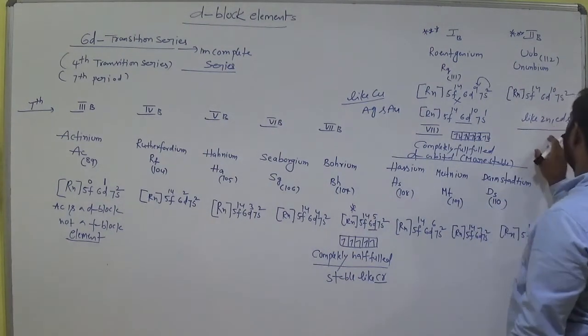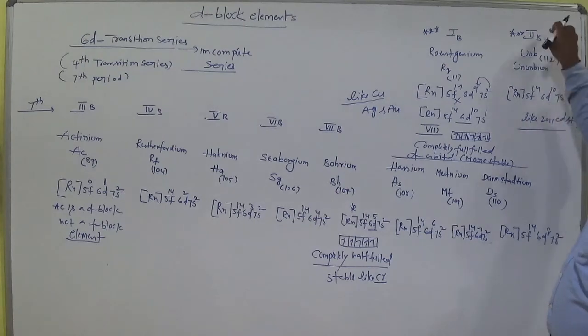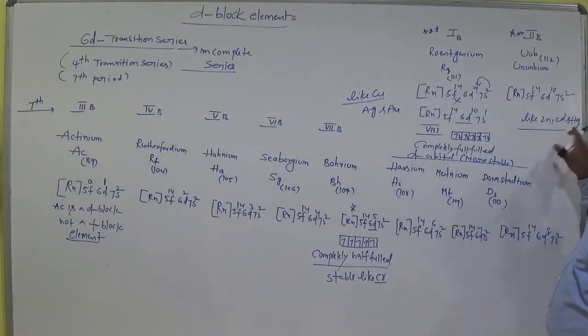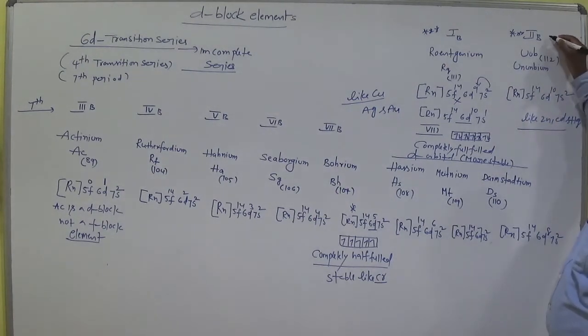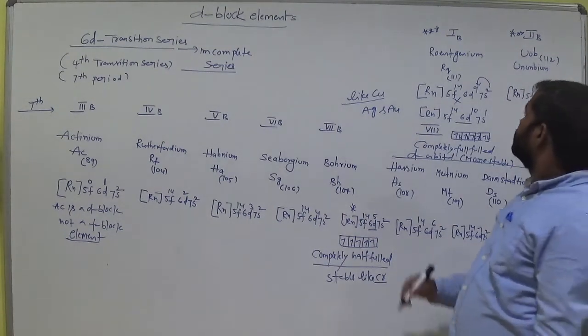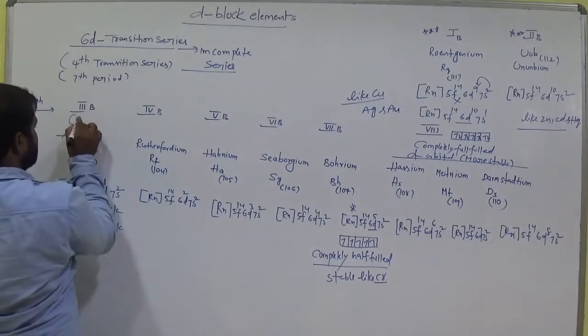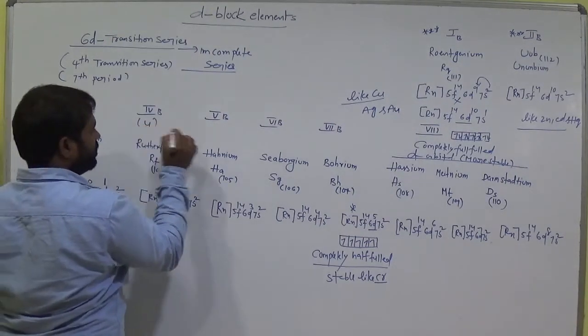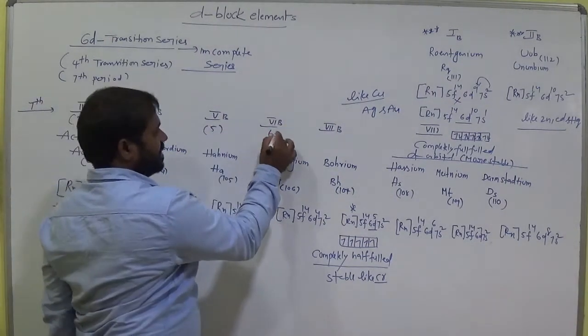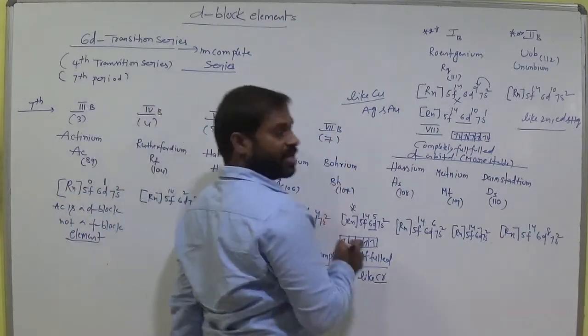This type of electronic configuration we observe in second B, that is zinc, cadmium, Hg. Remember this. Now give the numbering to the groups also. Third B means this is the third group, this is the fourth group, this is the fifth group, sixth group and seventh group. Clear?